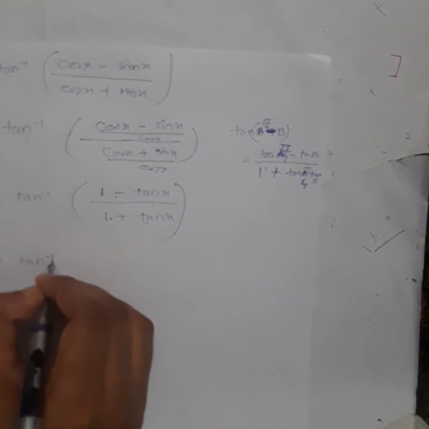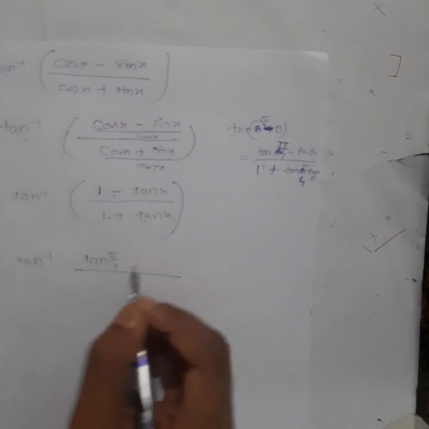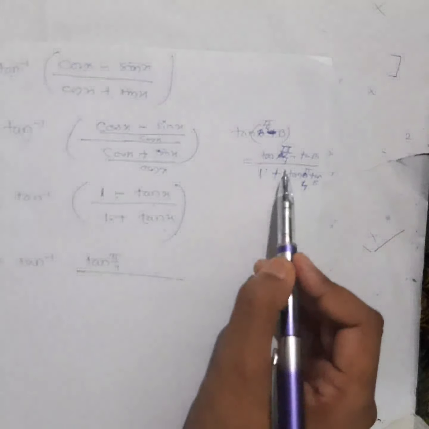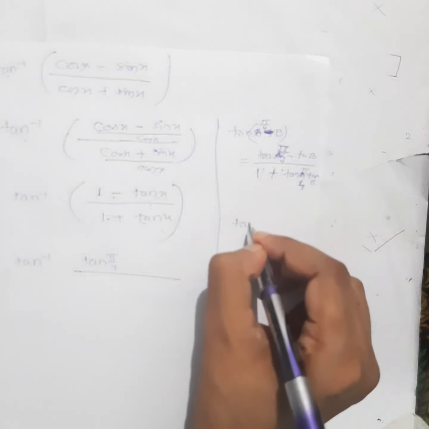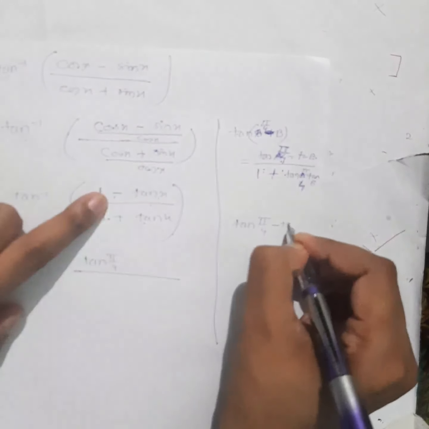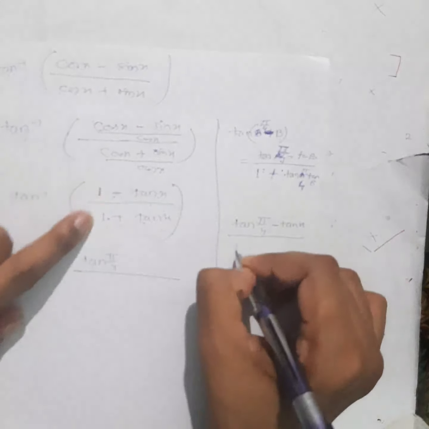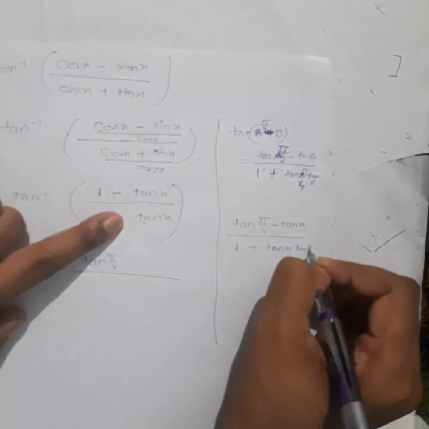So what I can write is tan inverse, in place of 1 I can write tan pi by 4. I have already come across this kind of identity, so I'm trying to make this one identity. After that, this one I can write as tan of (pi by 4 minus b), and b here is x. Let me write this down clearly. It is (tan pi by 4 minus tan x) by (1 plus tan pi by 4 tan x).